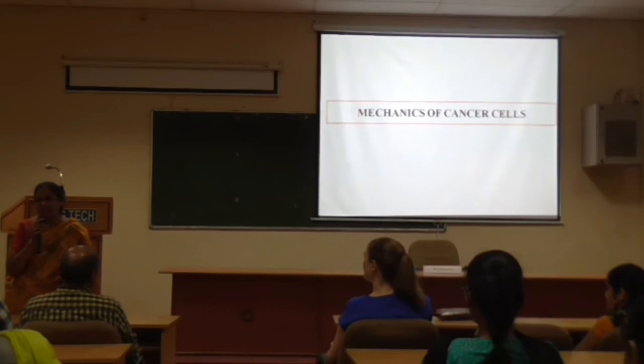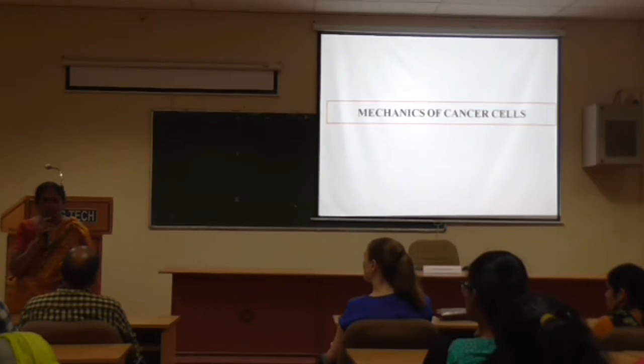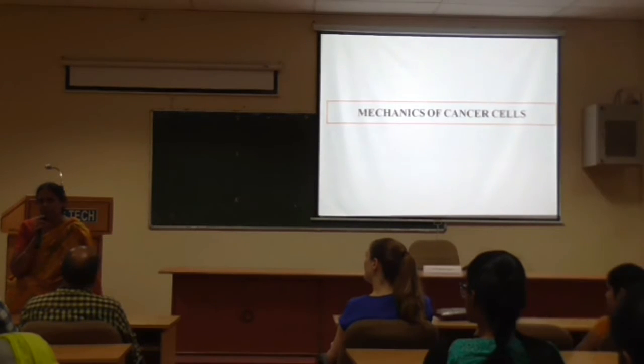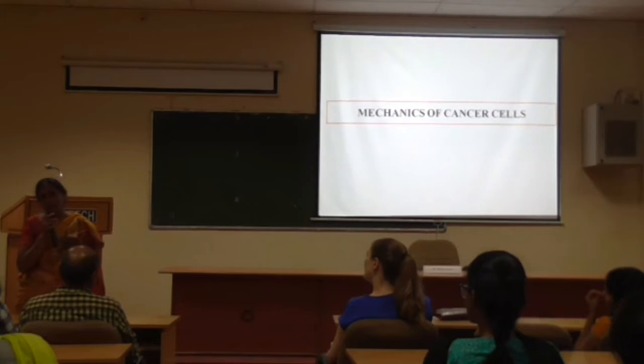So two important cases, one is on cancer, another one is because he is again an expert in studying cancer mechanics, and I want to explore what could be the possibility of studying these things in a neurodegenerative disorder. So I have taken two classical case studies of concepts, one on change in cellular mechanics in cancer, and why we have to study it.